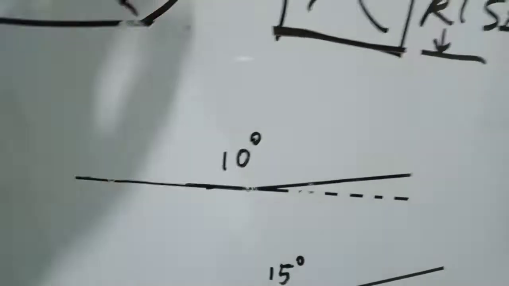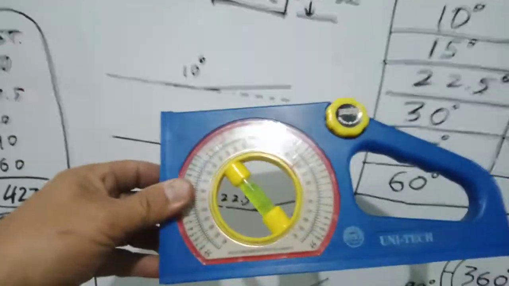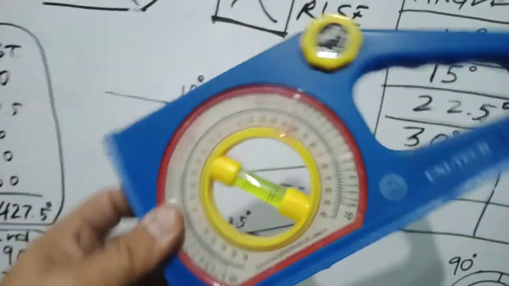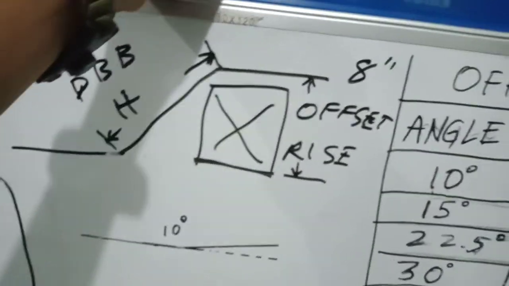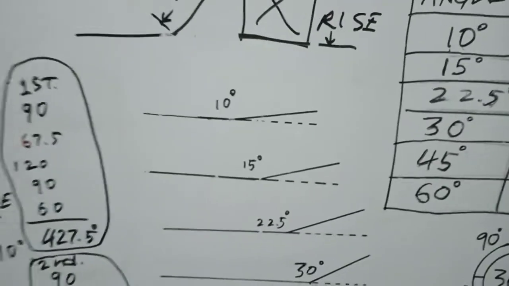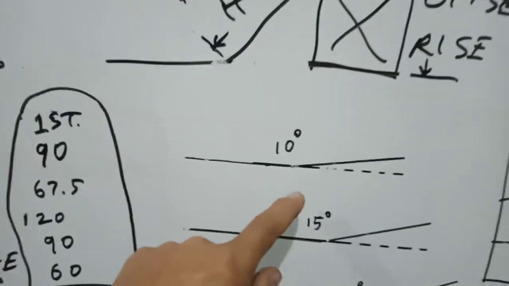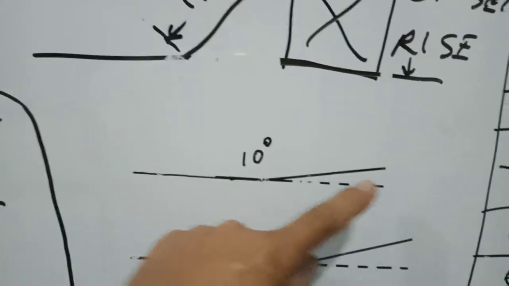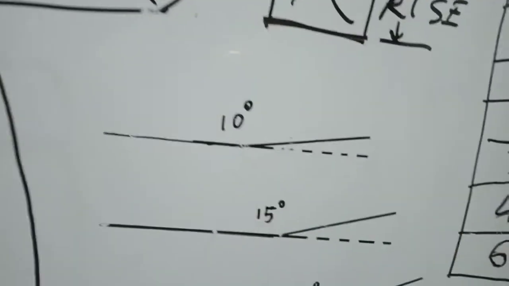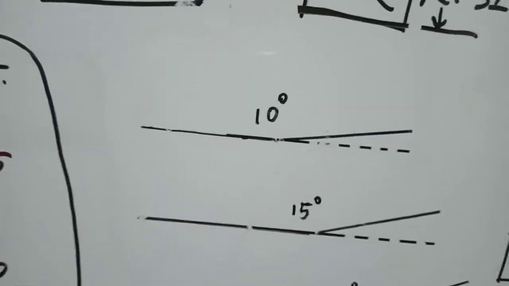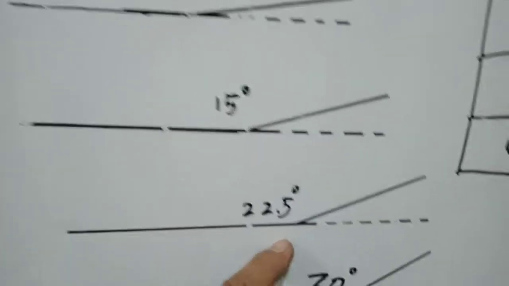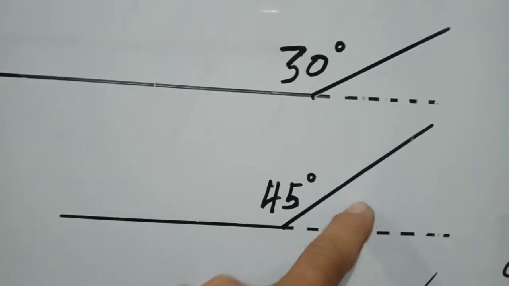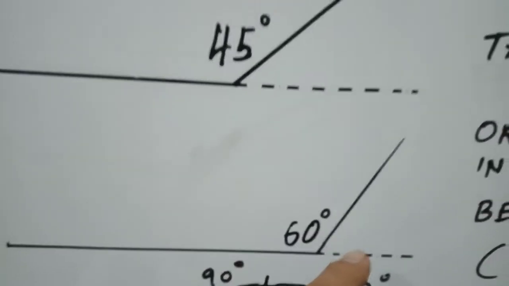I utilize an inclinometer. I have an inclinometer here. If you cannot buy this one, you can also download an inclinometer application on your mobile cell phone. So you can make an actual inclination: 10 degrees, 15 degrees, 22.5 degrees, 30 degrees, 45 degrees, 60 degrees. Okay.